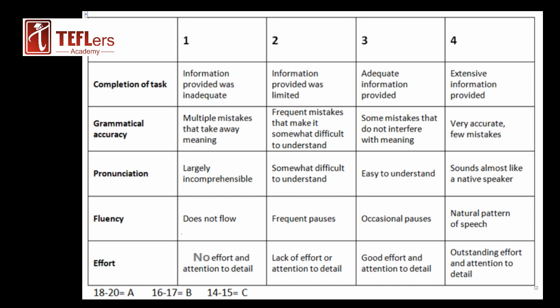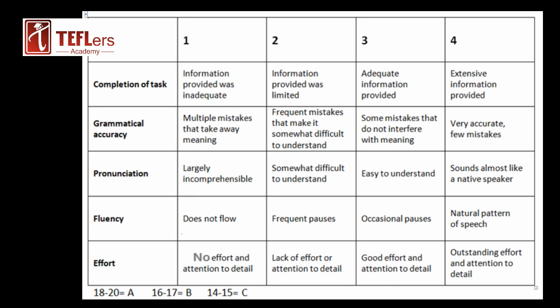So let's say that we have a student, he did his speaking activity, and we want to judge him on the completion of task, and his information was adequate. It was not limited, it was not inadequate, and it was not great. So here we give him 3 points. So far this student has scored 3 points.